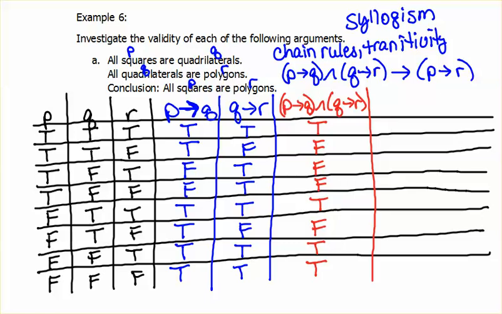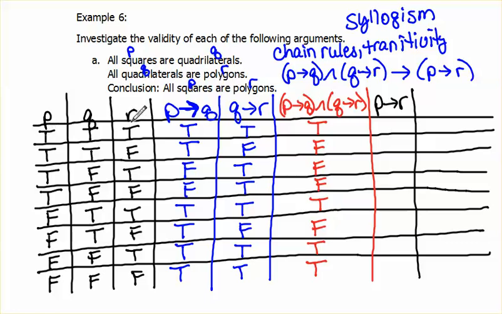All right, now I also need P implies R for the last part of this, so I'm going to have a column for that. That goes back to the P and R columns.